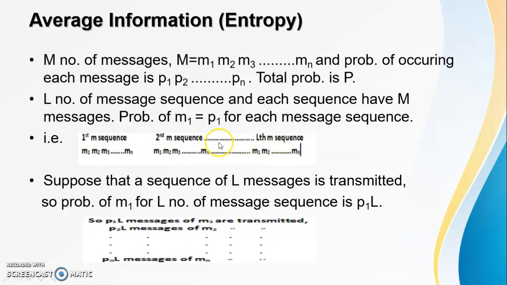Now for each message sequence, the probability of getting message M1 is P1. So for the Lth message sequence, the probability of getting message M1 is P1L.